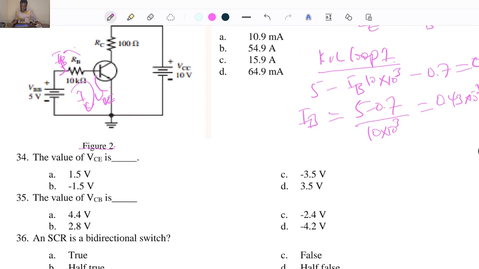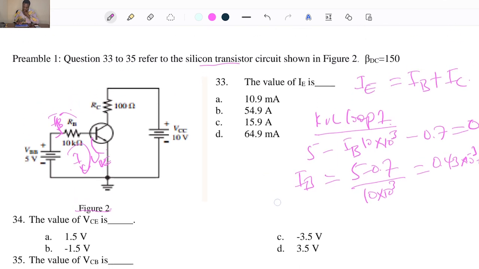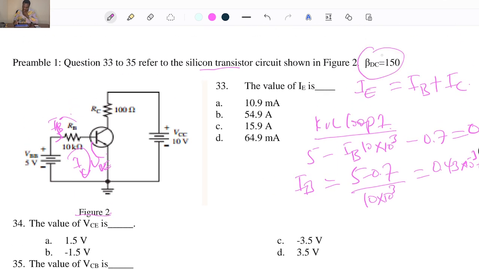Now let's get IC. To get IC, we are given here beta DC. And we know beta DC is equal to what? Collector current over the base current. Now I can get IC, which is 150 times 0.43 times 10 to the power minus 3.